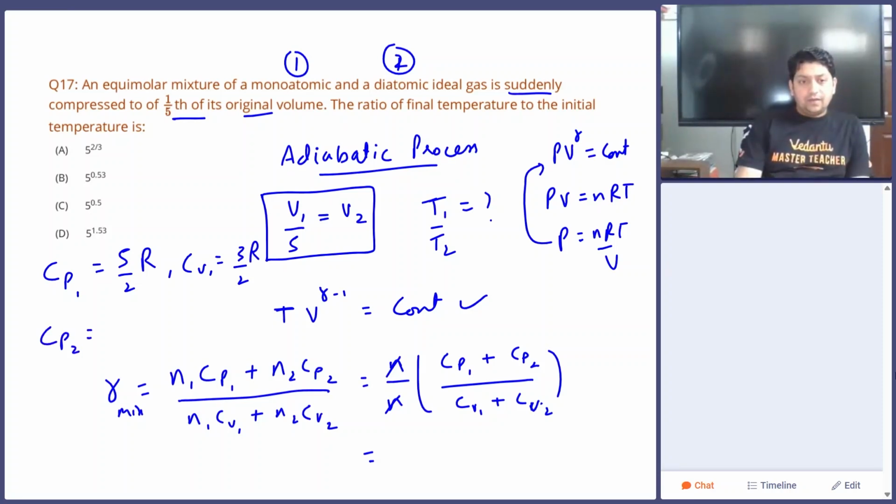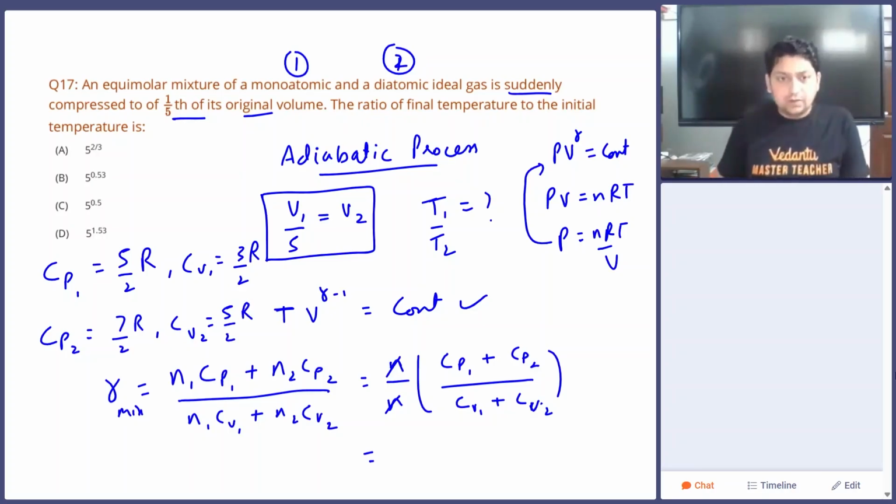And for diatomic gas, Cp2 will be equal to 7 by 2 R, and Cv2 will be 5 by 2 R. Okay, so we can put these values over here.